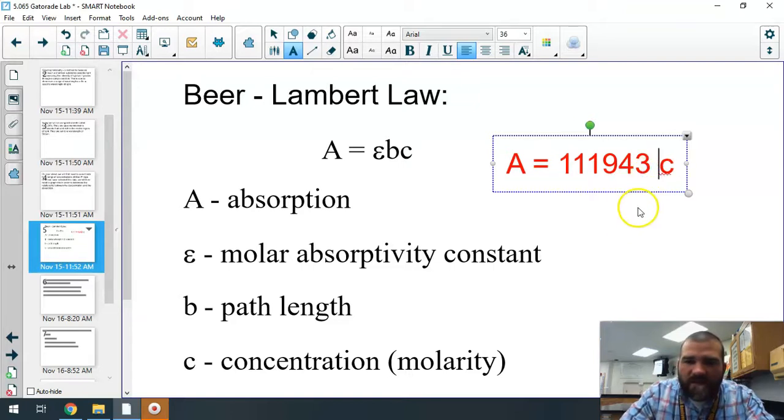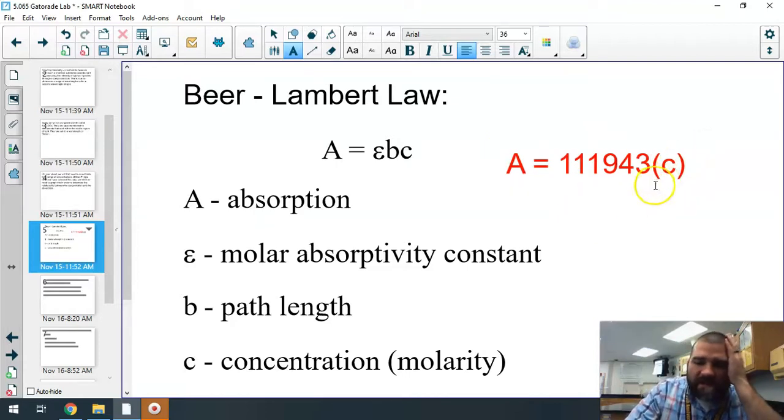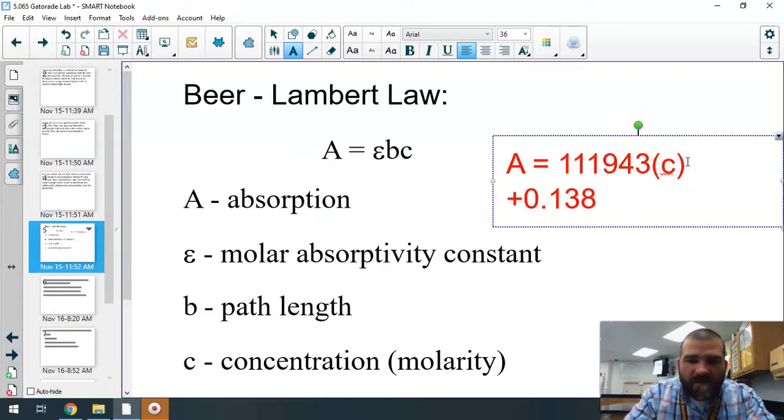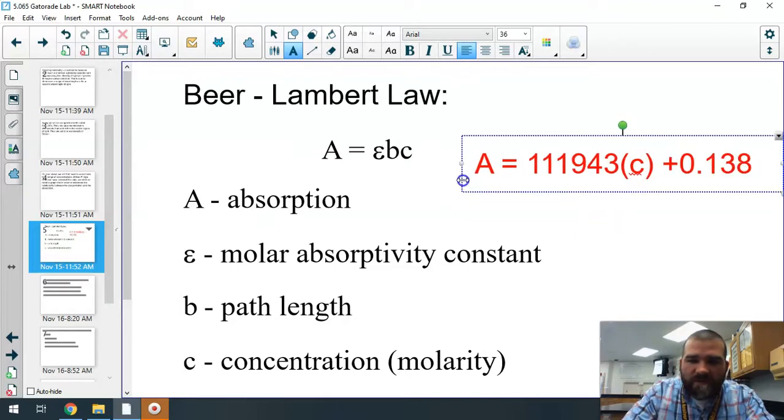I'll put parentheses around it. Maybe that looks a little better. There we go. So we have this equation. The slope is this. We have an intercept, 0.138, I believe it was. Let's scoosh this over just a smidge. There we go.